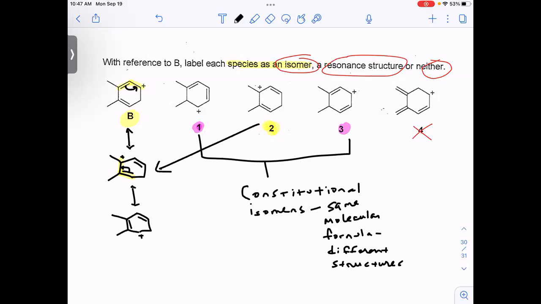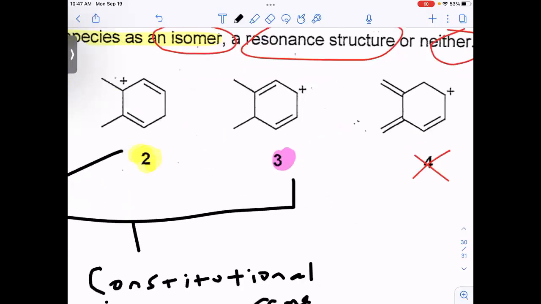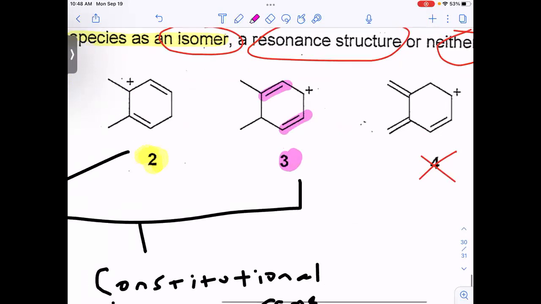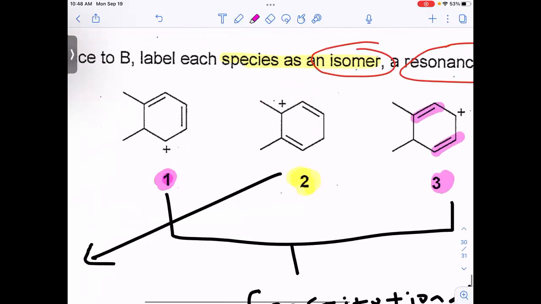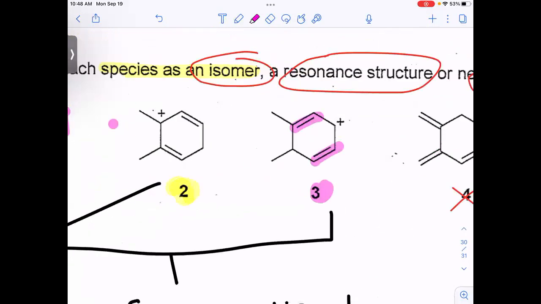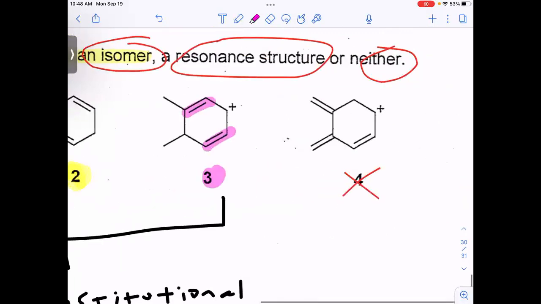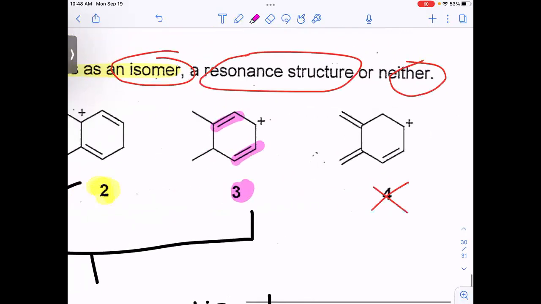Because if you look at 3, look at the methyl groups on B, everything is oriented the same way, but the bonds are in totally different places. Even the bonds here and here are too far apart. Can you see that? We talked briefly about conjugation right here: double, single, double. But over here, you don't see that in 3, and you don't see it in 4 for sure.